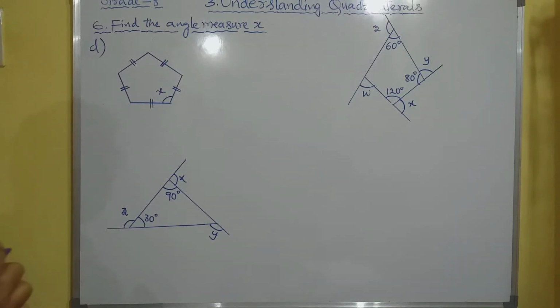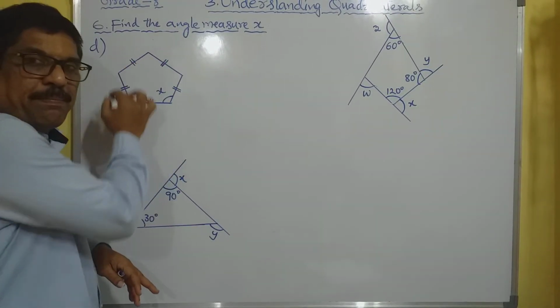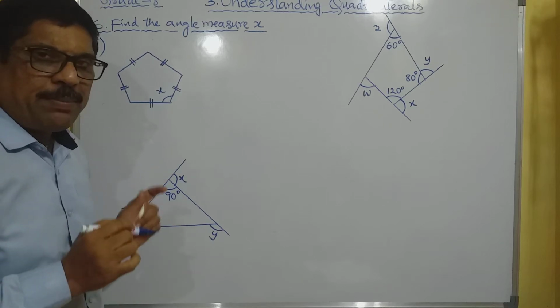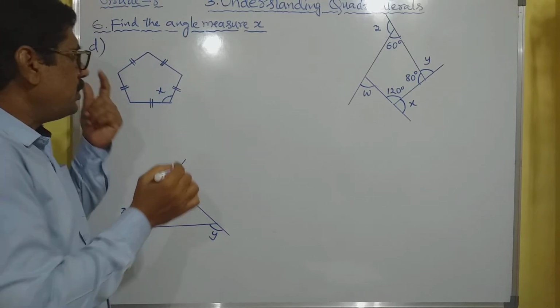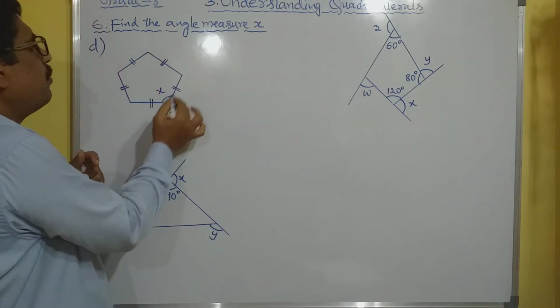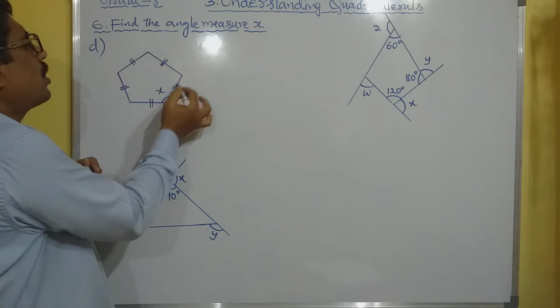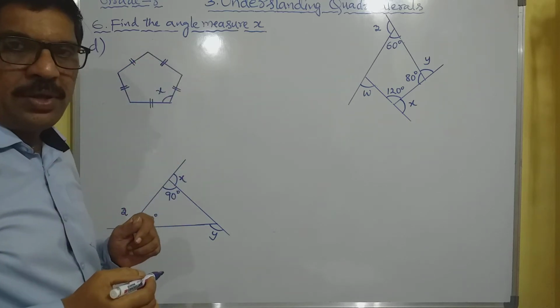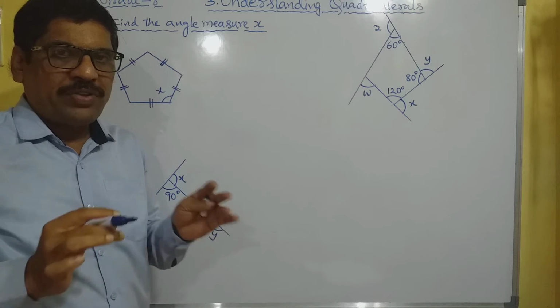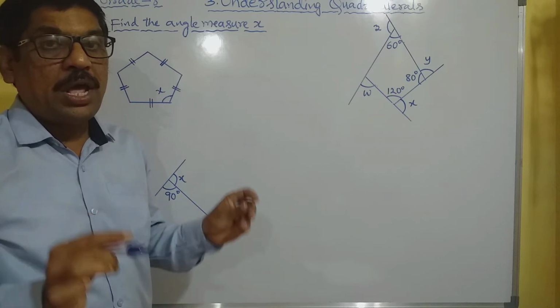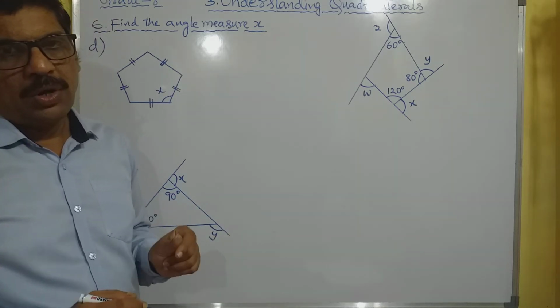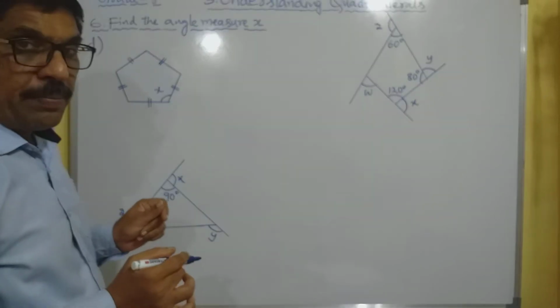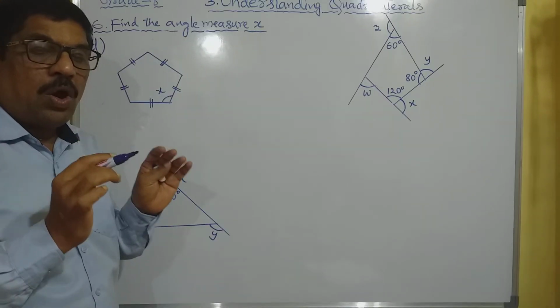Now look at the D problem. This is a pentagon. What type of pentagon is it? Here you look at this, it has been marked like this, meaning all sides are equal in length. A pentagon with all sides equal is called a regular pentagon. A regular pentagon means all sides are equal.